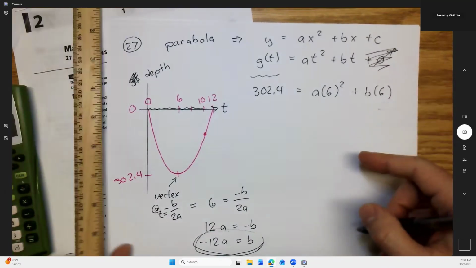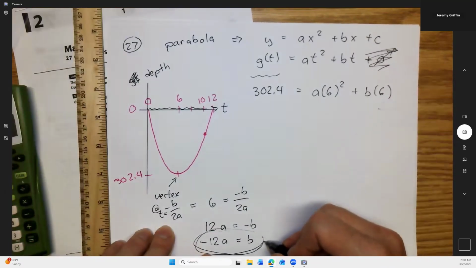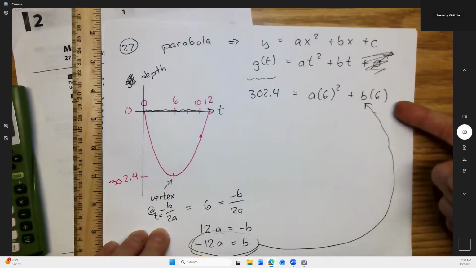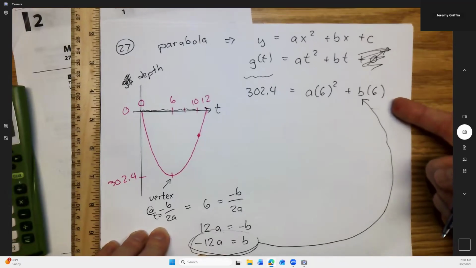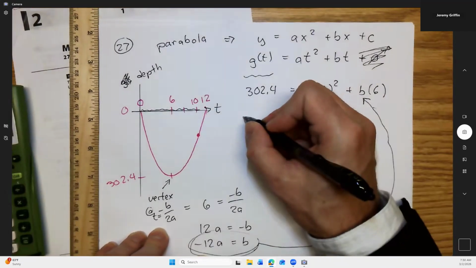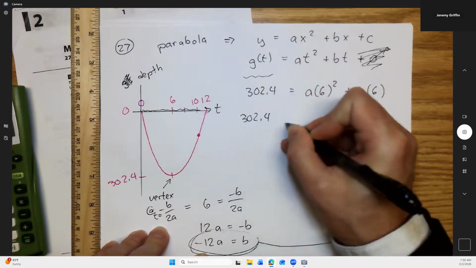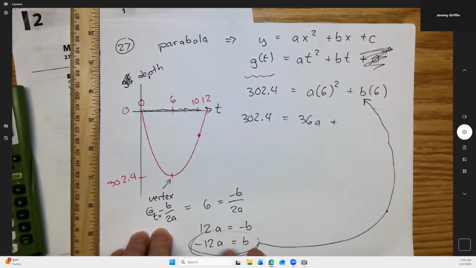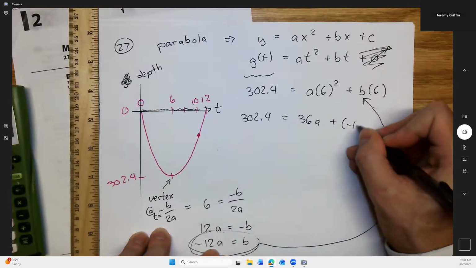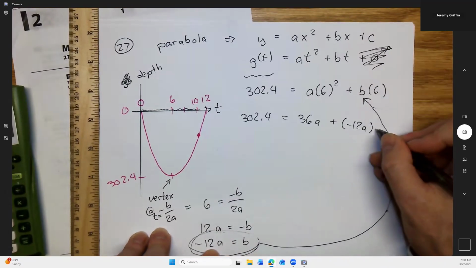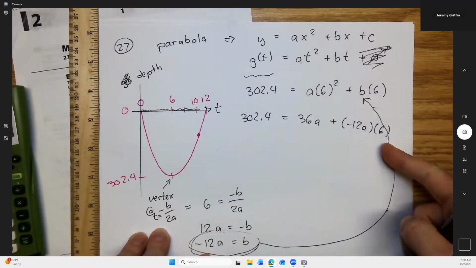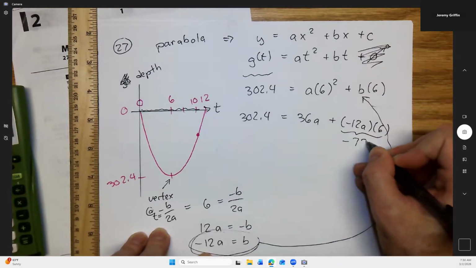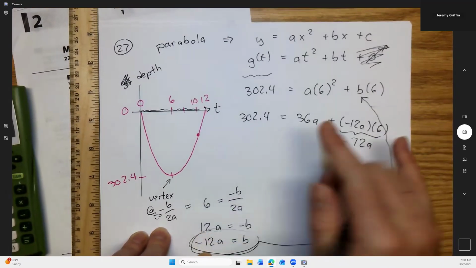Now I can plug in this relationship for b, and that substitution is going to let everything else unfold. 302.4 equals 36a plus, in place of b, negative 12a, times 6. So this is negative 72a, and 36a minus 72a gives negative 36a.